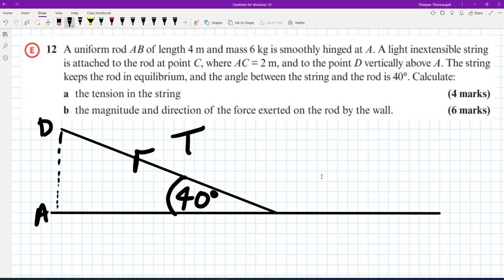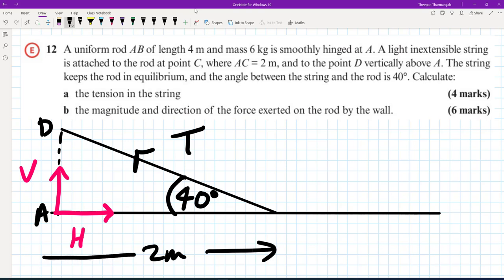Draw a dotted line here. We're going to have our components drawn in. That's our vertical component. That's our horizontal component here. We need to mark in the lengths, so it's 2 meters here up to this point, and from here to here is also 2 meters. It's not drawn to scale, but it's just a rough diagram.